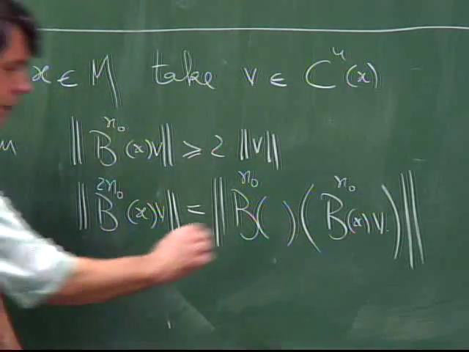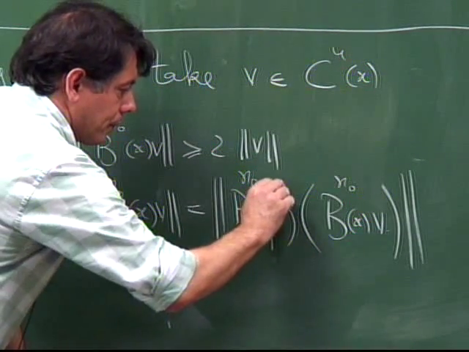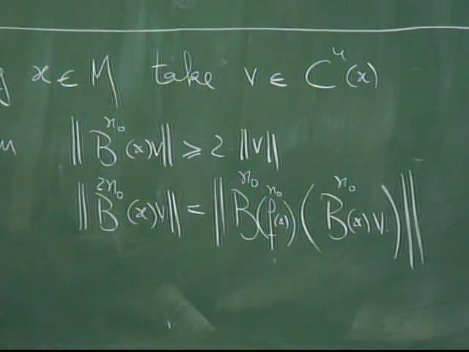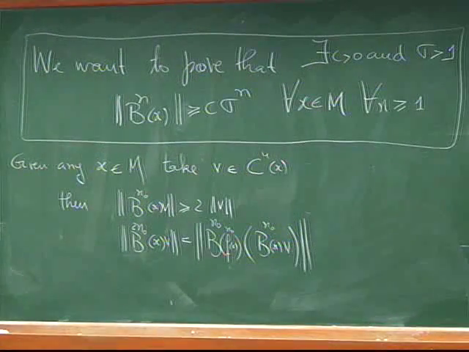At f^n0(x). Okay? Very good. B^n0(x) of v belongs to the unstable cone of f^n0(x).